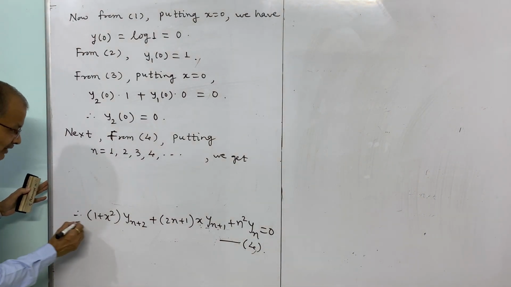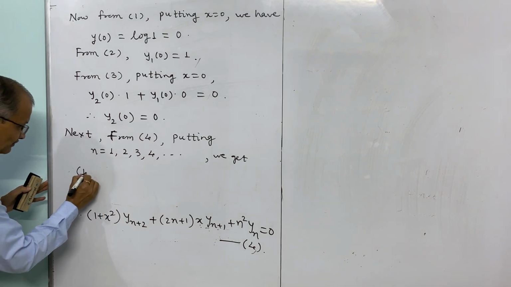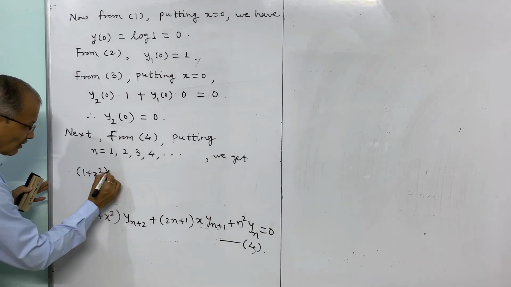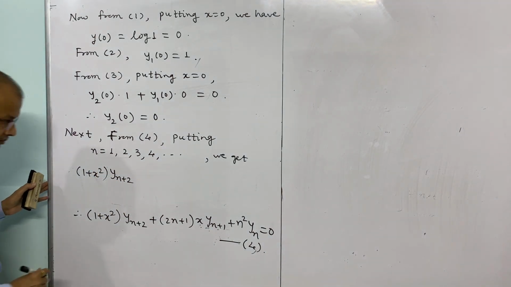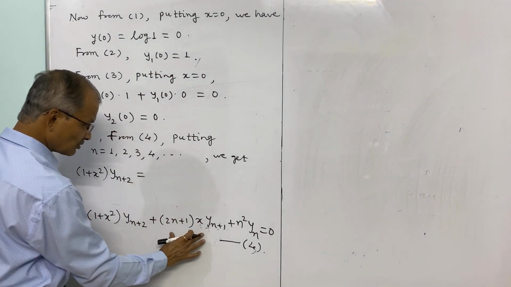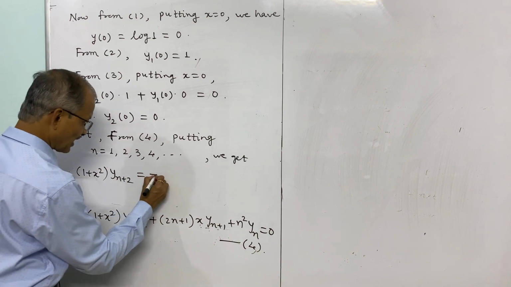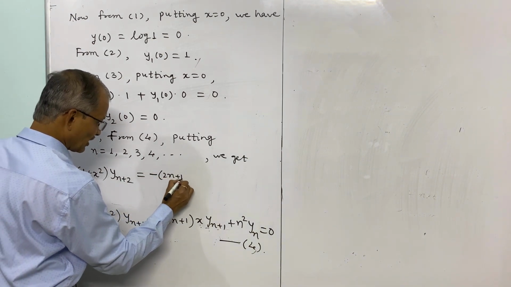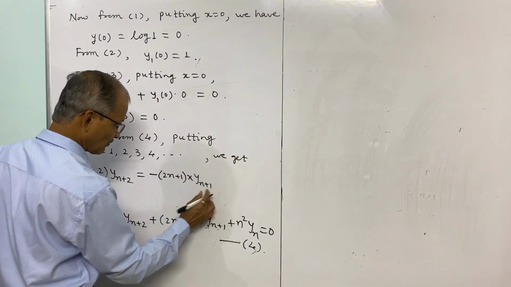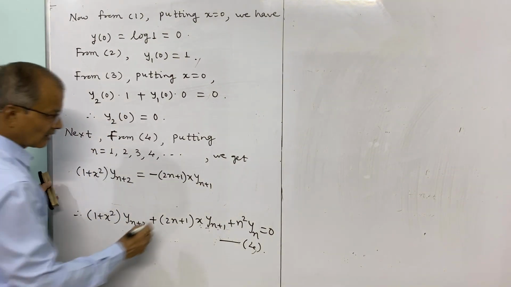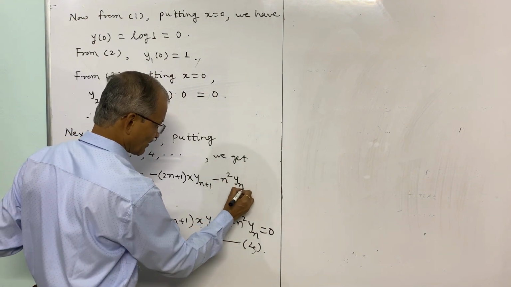So I shall write the fourth equation here: 1 plus x square into y n plus 2 is equal to, and these two terms we will shift to the right side, minus 2n plus 1 times x into y n plus 1, and again minus n square y n.